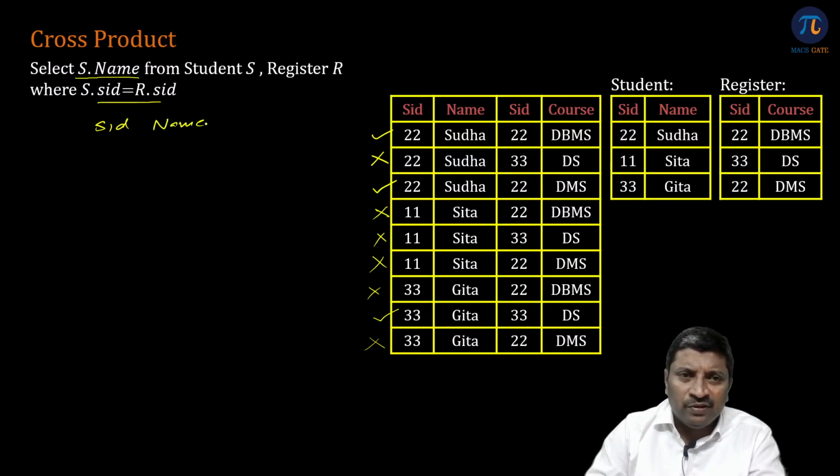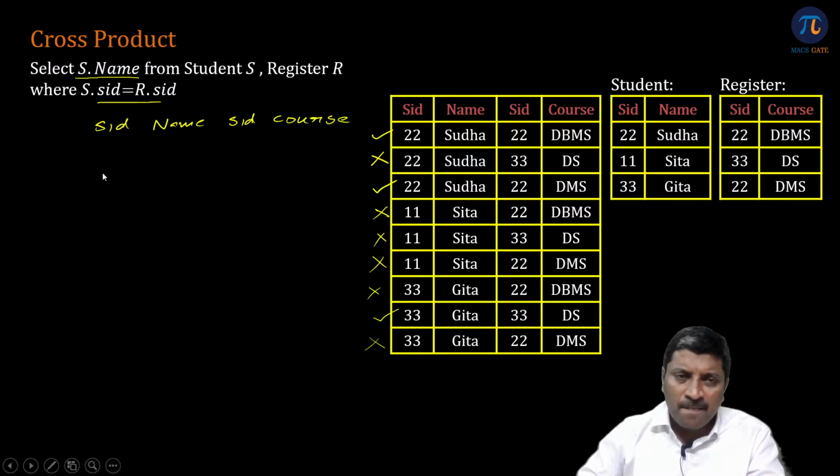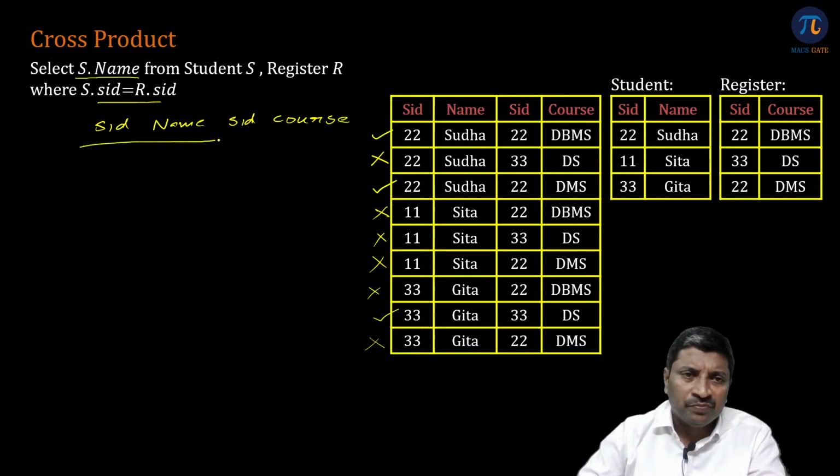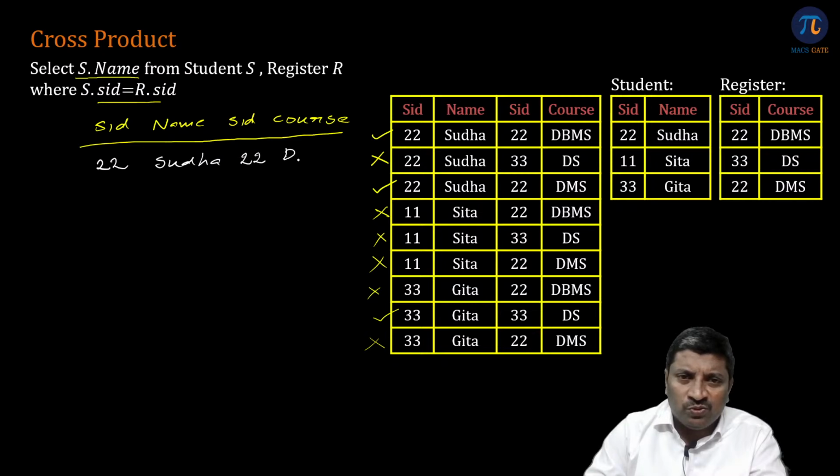SID, name, SID, course. The first record is 22 Sudha, 22 DBMS.